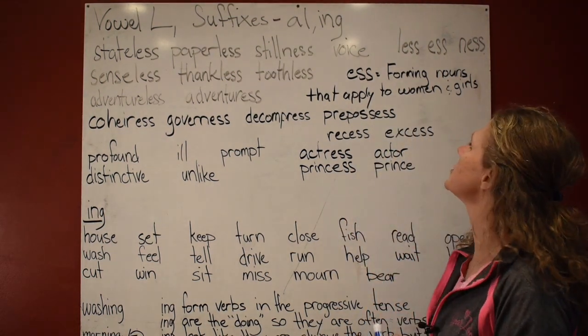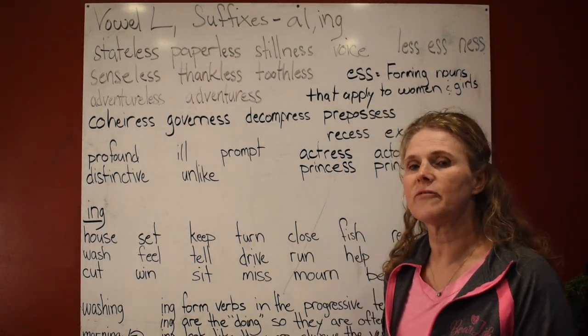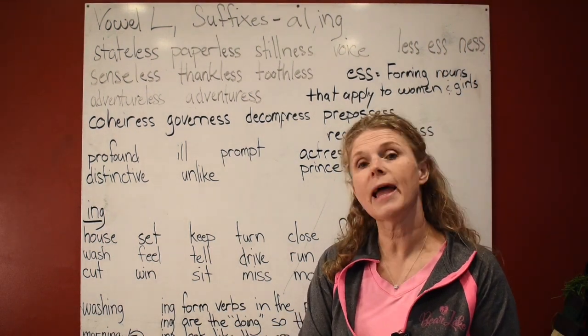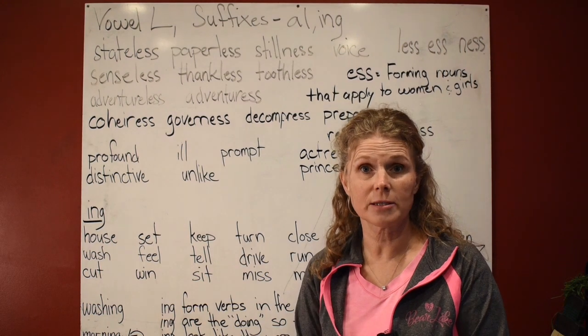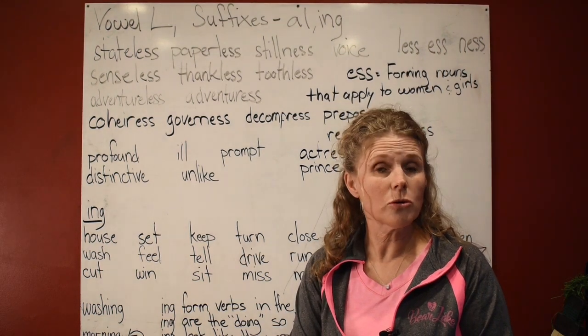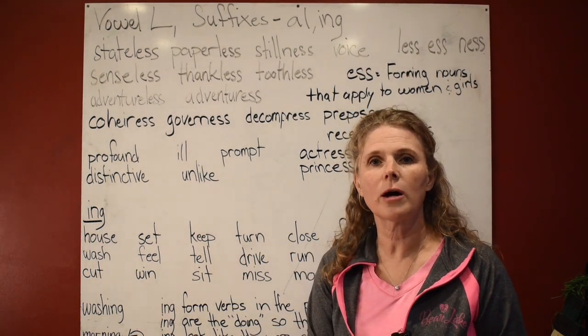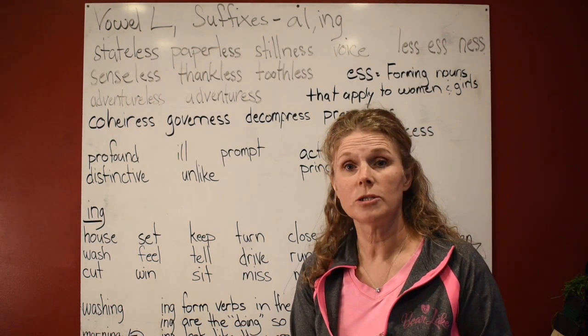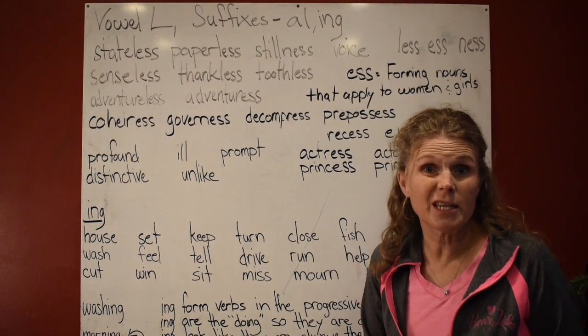And you have to follow the spelling rules when you add on suffixes. So our spelling rules are drop the E and add on your vowel suffix. Or doubling rule, look for your consonant, vowel, consonant before you do the doubling rule. Or the other rule is change the Y to I before you add on any suffix.